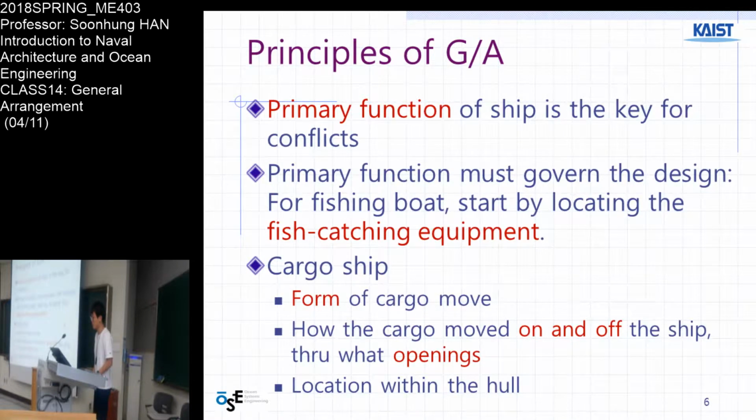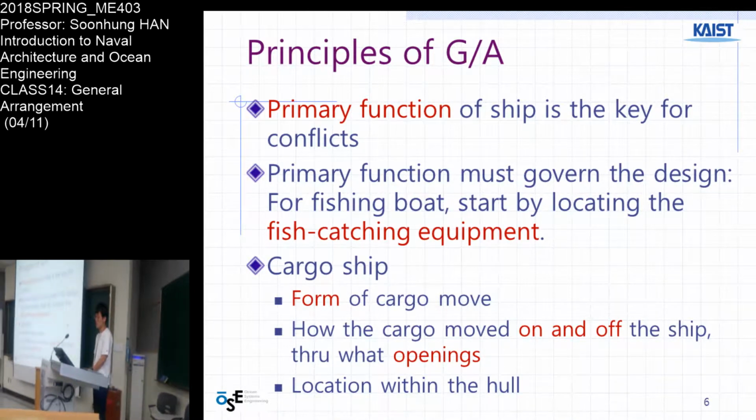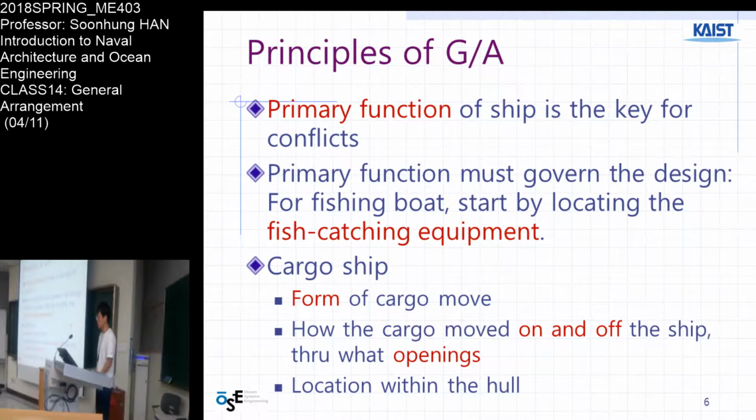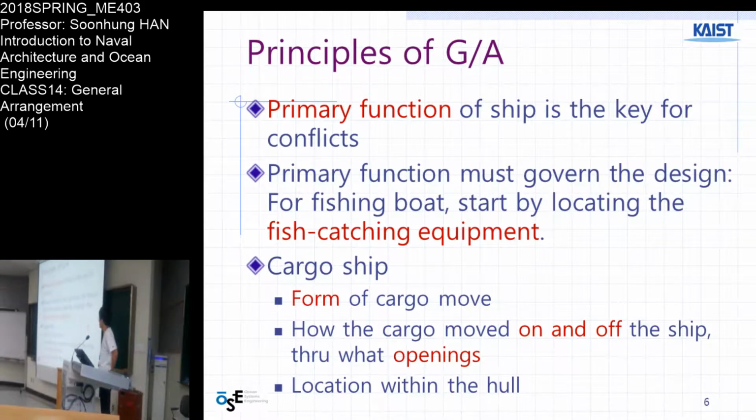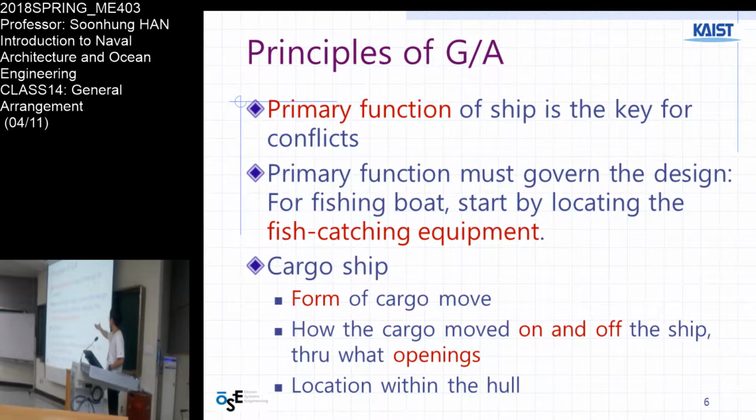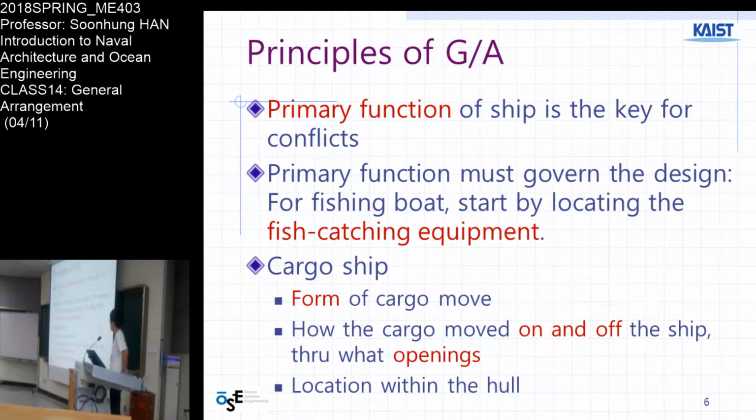For a general arrangement, primary function is the most important thing. For example, as you can see in the slide, for a fishing boat, the most important function is fish catching equipment.